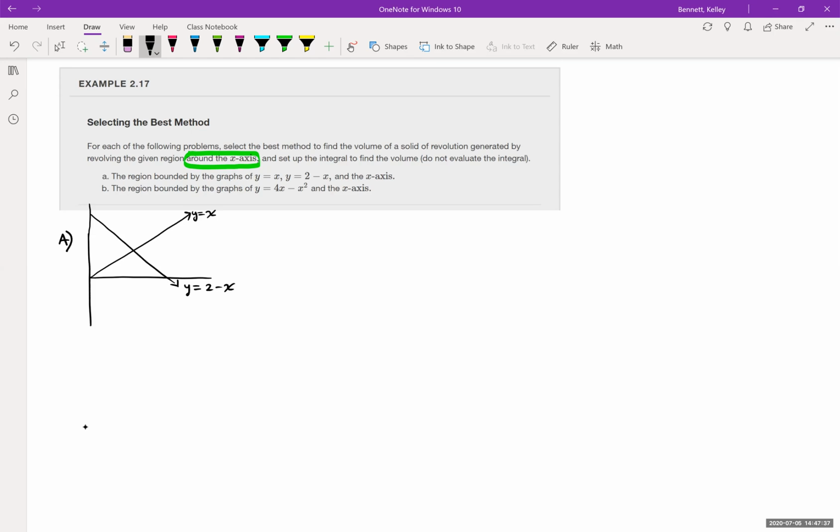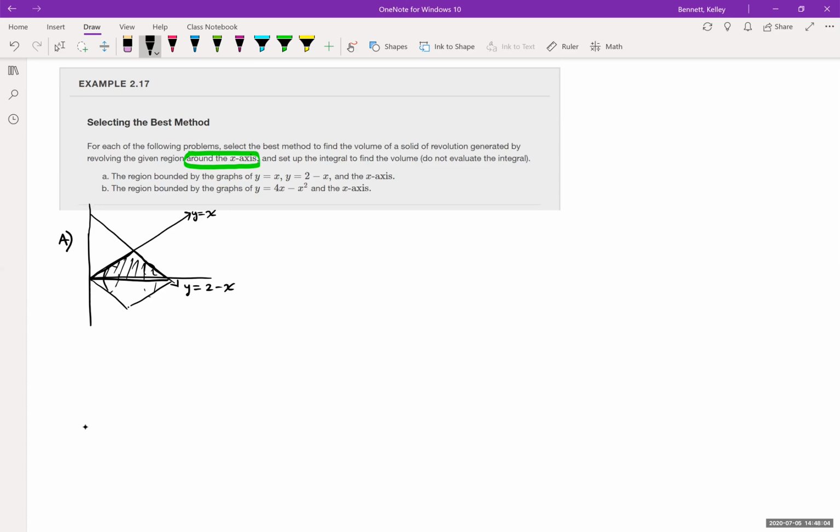So our region is really here. And we're rotating this around the x-axis. So it just looks like this thing here.